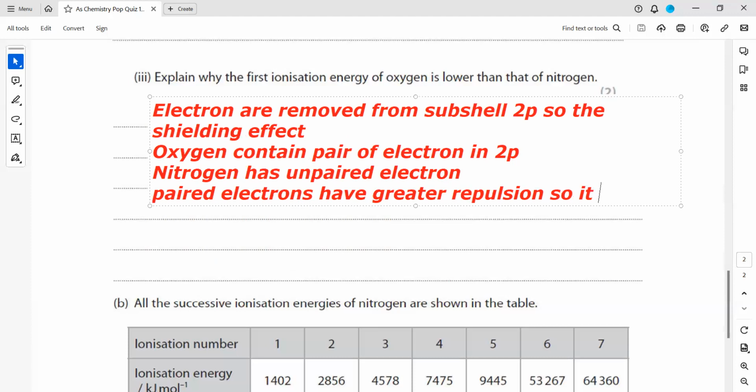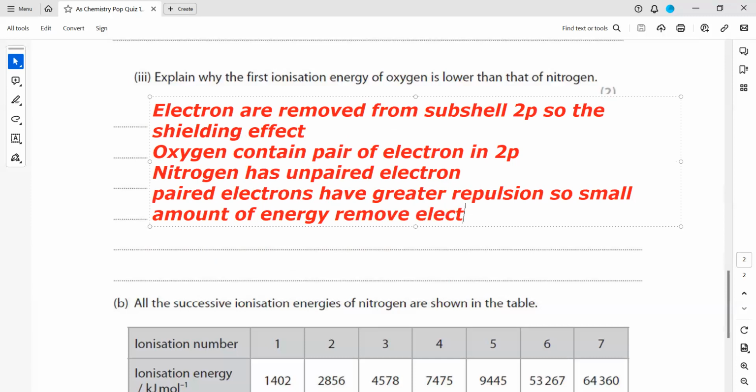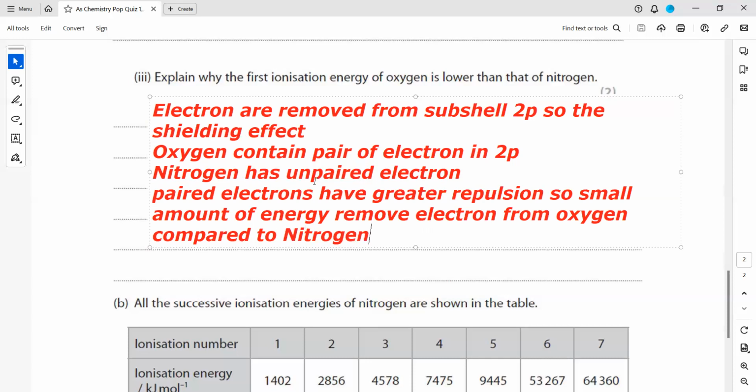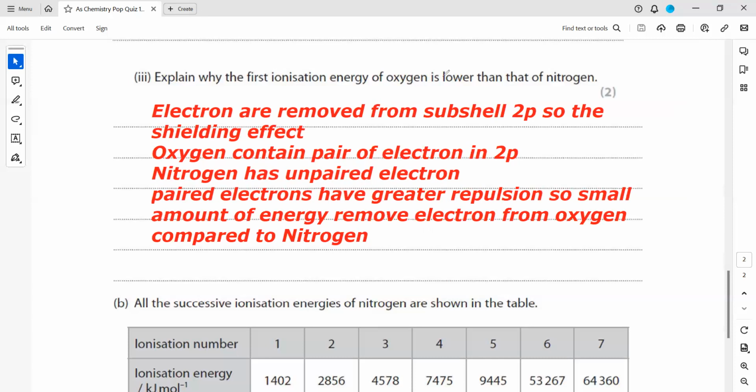So it will be easy, a small amount of energy can remove the electron from oxygen compared to nitrogen. So that's how you should always write this structure whenever you're comparing group 5 and group 6 elements.